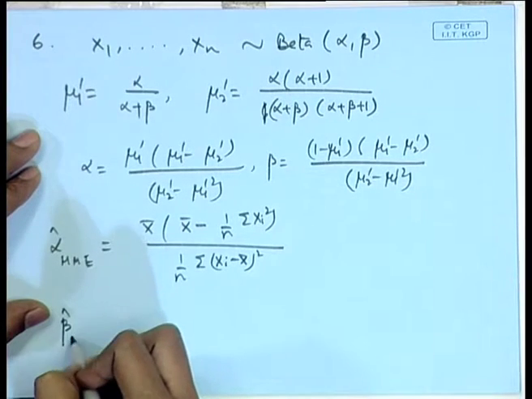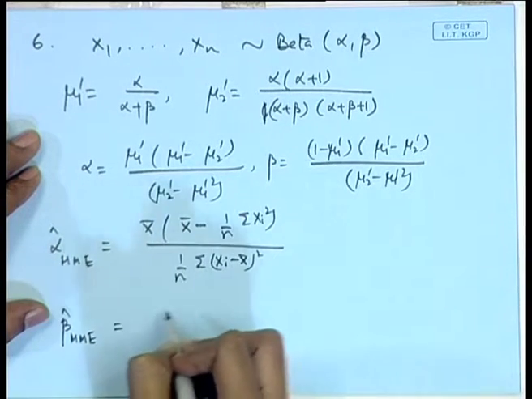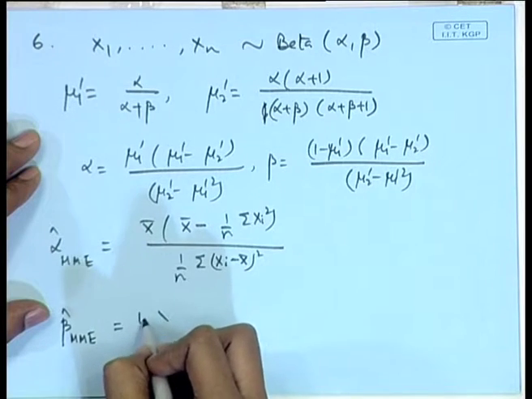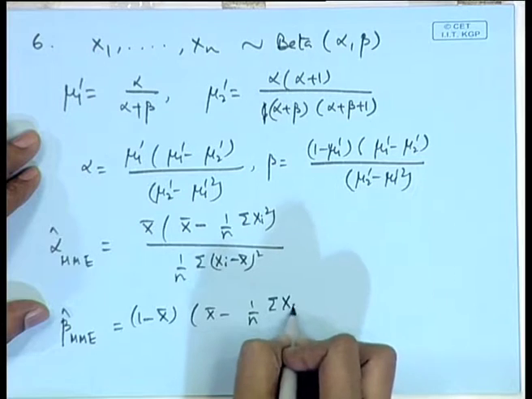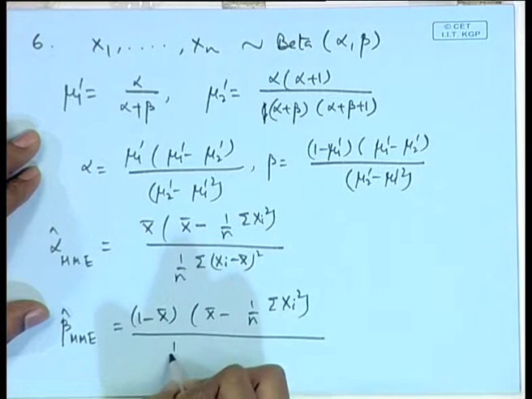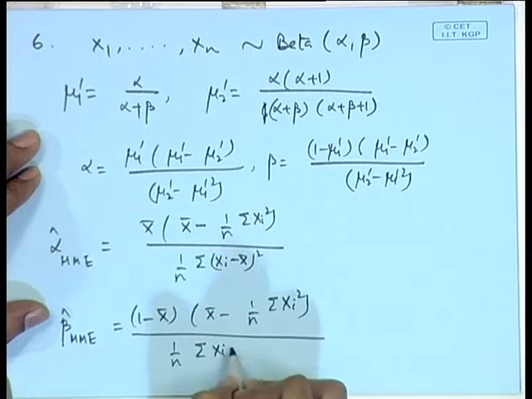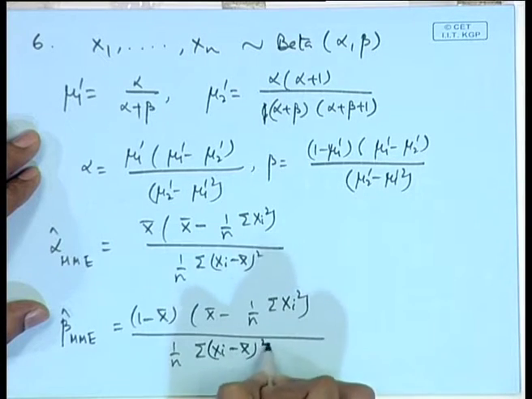Similarly, beta hat MME is equal to (1 minus x bar) into (x bar minus 1 by n sigma xi square) divided by (1 by n sigma xi minus x bar) whole square.